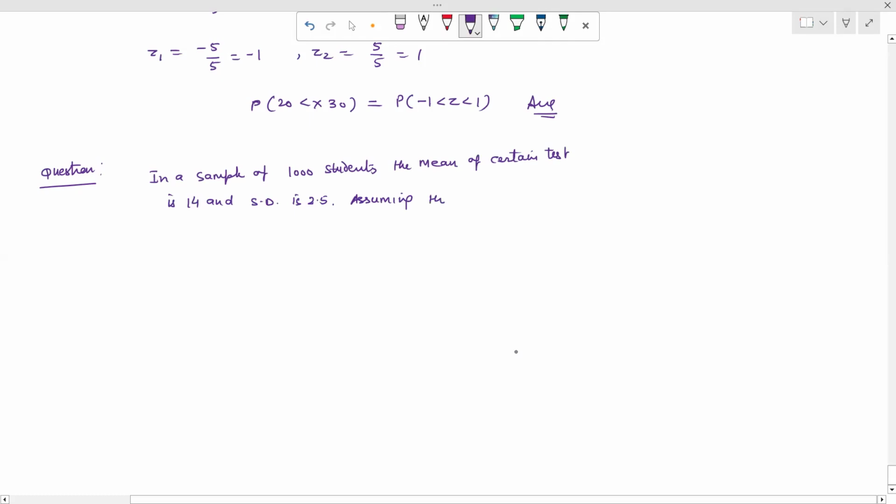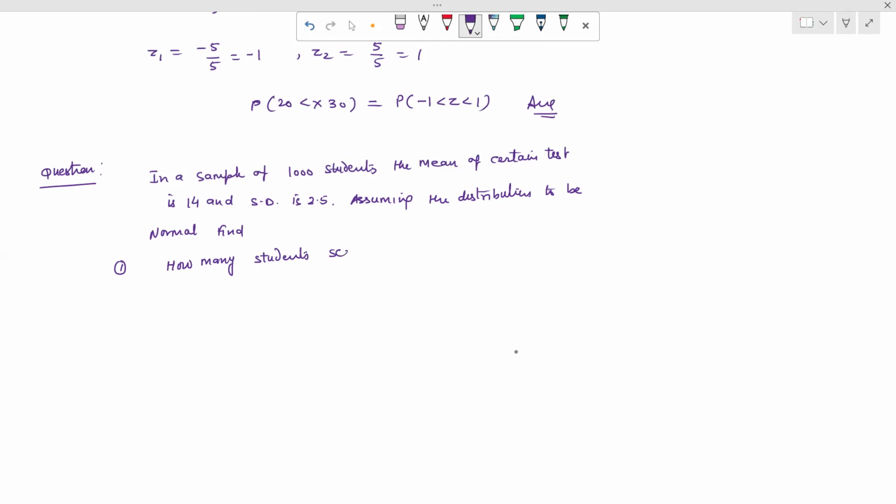Assuming the distribution to be normal, so find how many students score between 12 and 15.